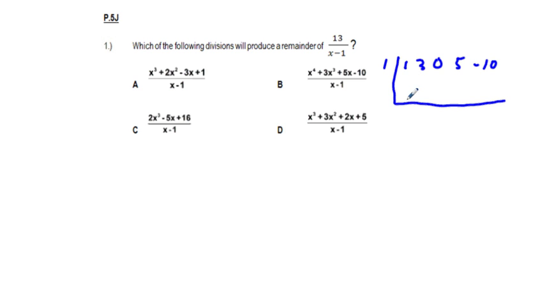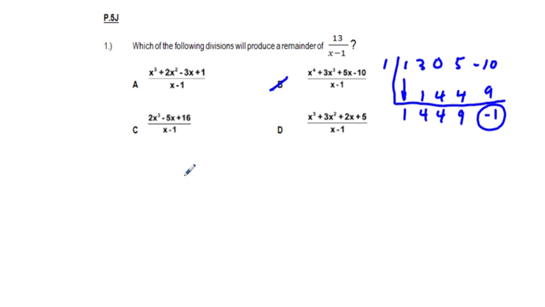If we work this out, we get 1 times 1 is 1, 1 times 4 is 4, 0 plus 4 is 4, 1 times 4 is 4, 5 plus 4 is 9, 1 times 9 is 9, negative 10 plus 9 is negative 1. So that is not a remainder of 13.